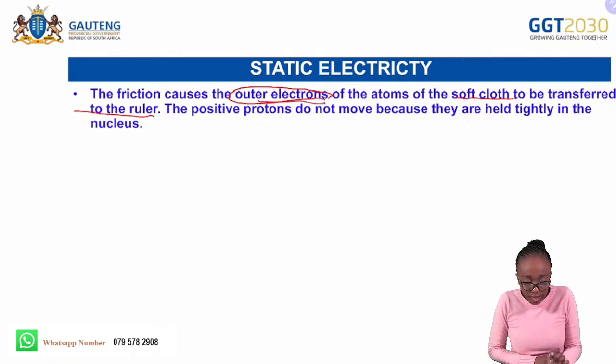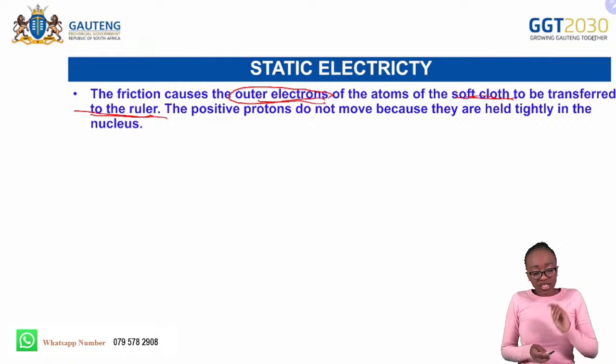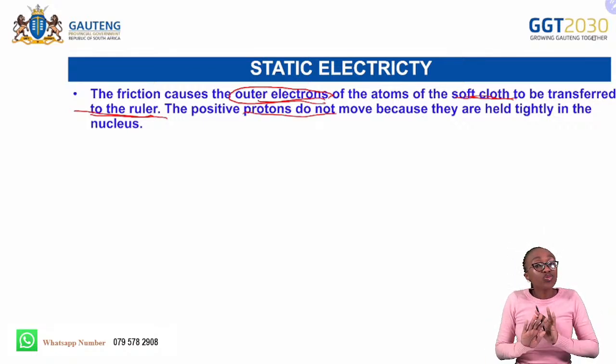So the outer electrons of atoms of the soft cloth can be transferred to the ruler. The protons don't move, because they are tightly held in the nucleus.